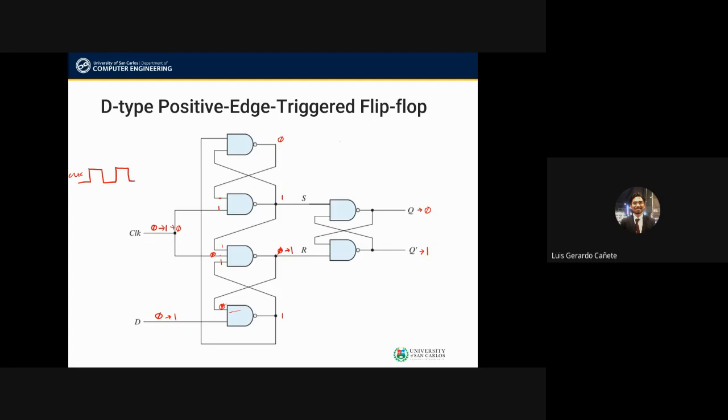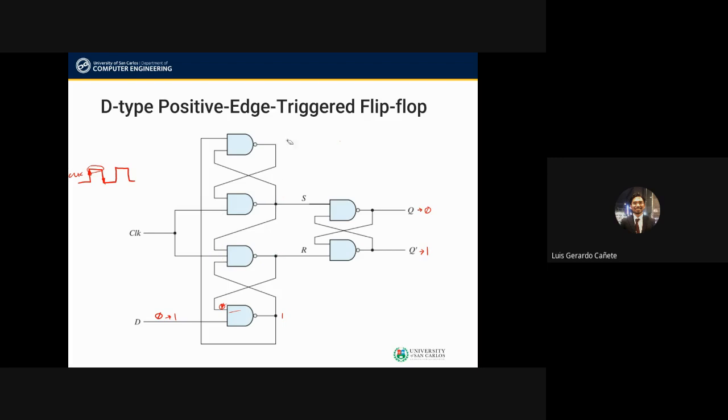So with this example that we just traced with the rising edge, we copied the value of D into Q. As long as the edge was high, any changes on D were not recognized. When we had the low transition, that was also not recognized because we just basically go back to the store state. Okay?